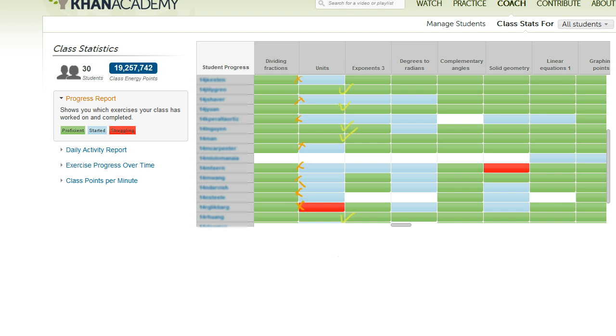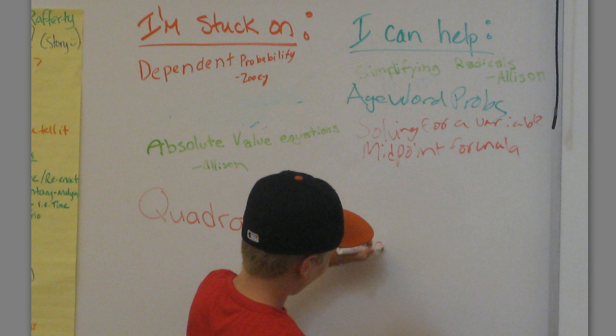Another thing that some of the students actually came up with in some of our classes is they just use the whiteboard. They started writing on the whiteboard what students are stuck on, what students can help others and coach them, and what the topic is and the student, and they would just use this as a way to do the matching, the pairing, on their own organically. I mean, students really came up with this on their own.